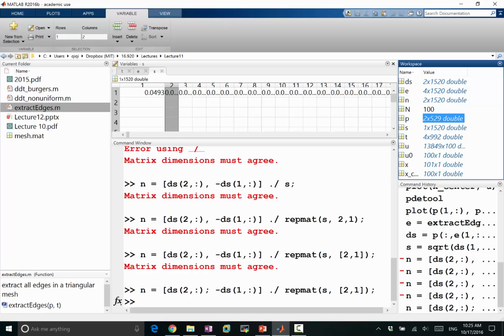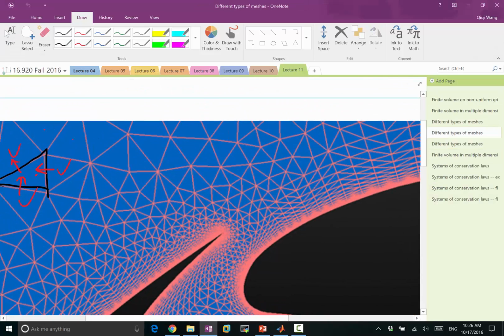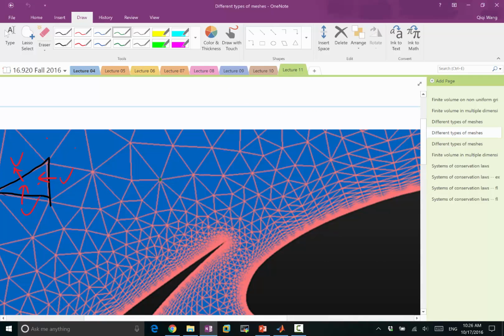If you look at the unstructured mesh, every point has 1, 2, 3, 4, 5, 6, 7, 8, did I count correctly? Every point can have many edges, and every edge only has 2 points. So the number of edges is the number of points times the average number of edges shared by a point, divided by 2, the number of points shared by an edge.